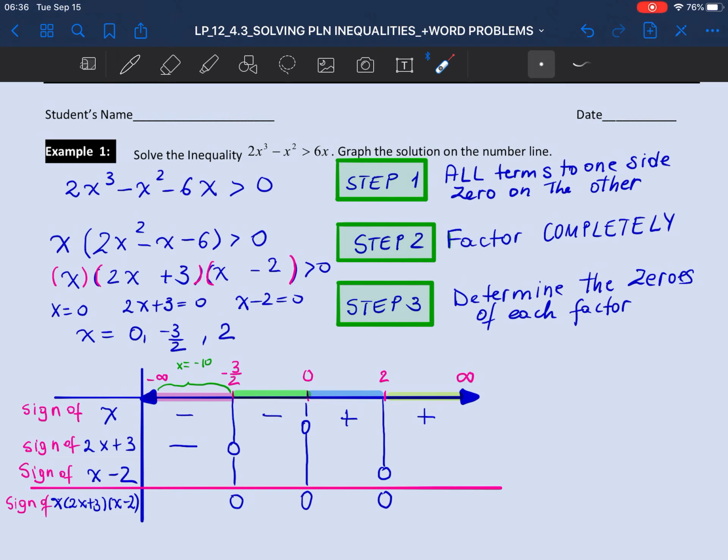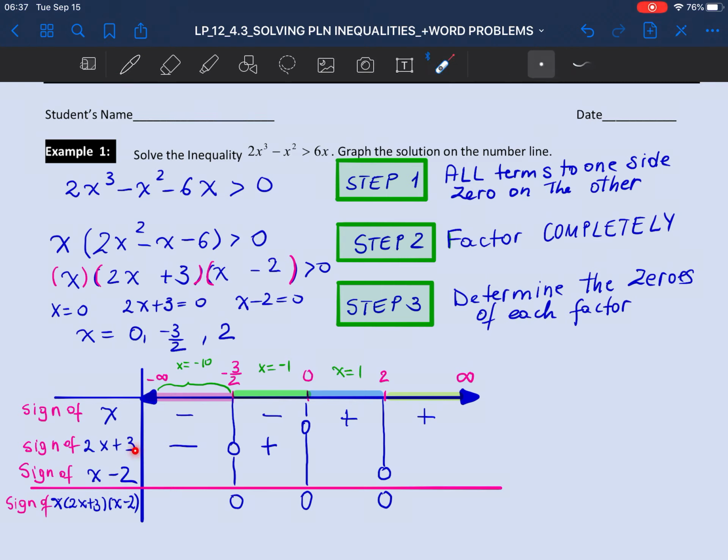Between negative 3 over 2 and 0, we can choose a testing value of negative 1. 2 times negative 1 plus 3 would be negative 2 plus 3, positive. Between 0 and 2, we can take a testing value of x equals 1.